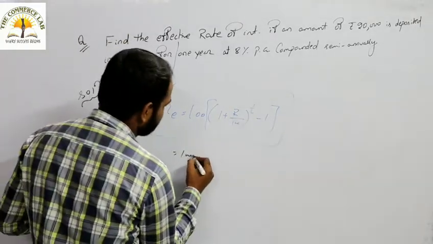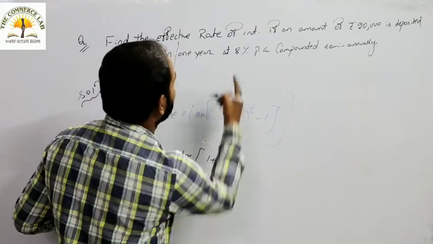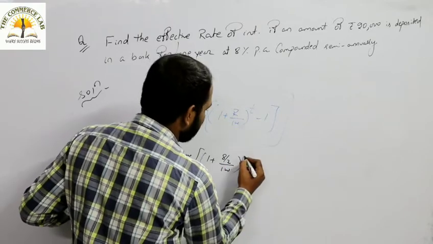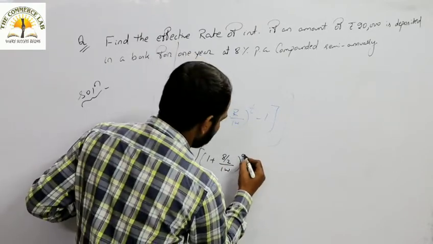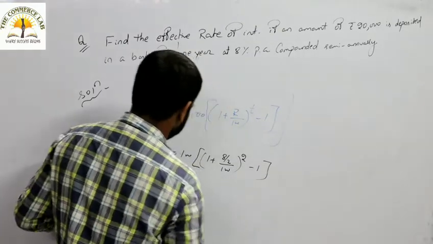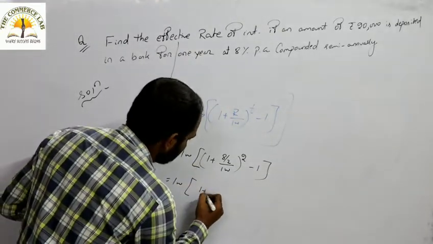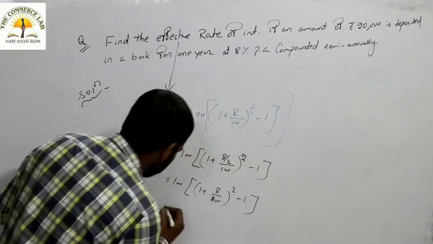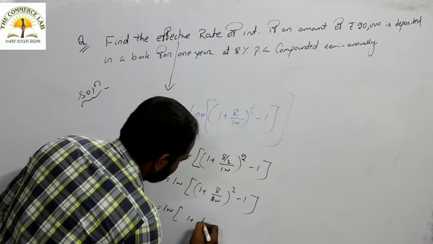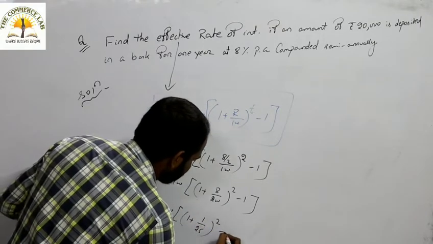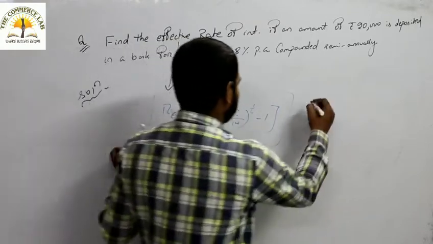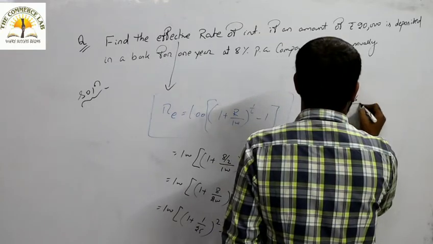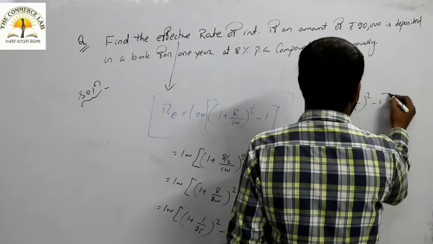So, put the values. 1 plus, here R is R by 2 because T is 2T, that means 2, minus 1 is equal to 100 into (1 plus 8 by 200) to the power 2 minus 1. 1 plus 1 by 25. 100 into (26 by 25) squared minus 1.